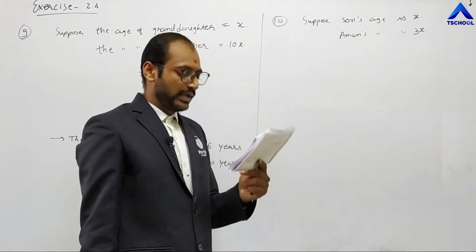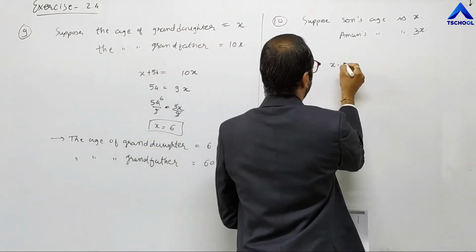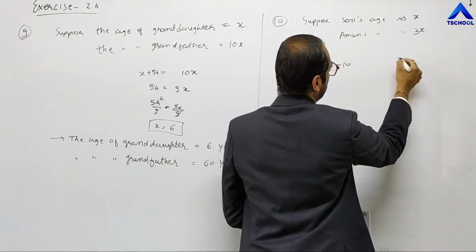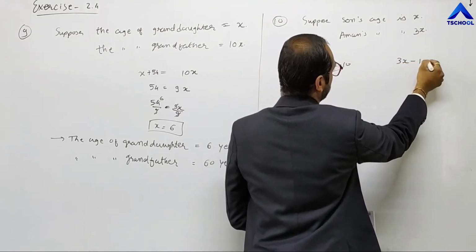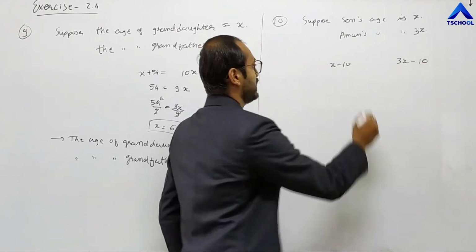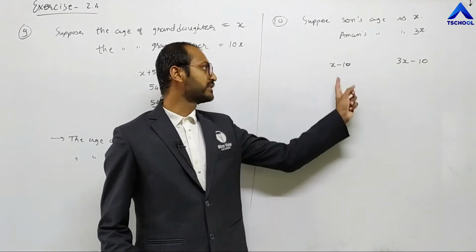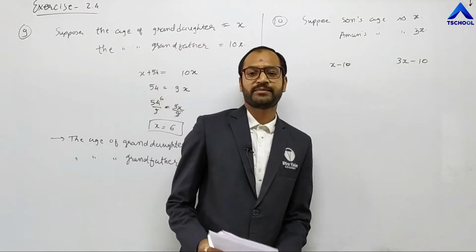Clear or not? And 10 years ago, that means we have to make x minus 10, and here 3x minus 10. That means the age before 10 years. This is x minus 10 and here is 3x minus 10.